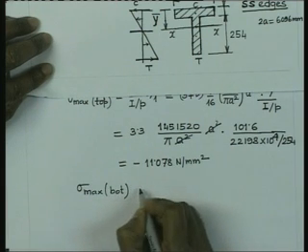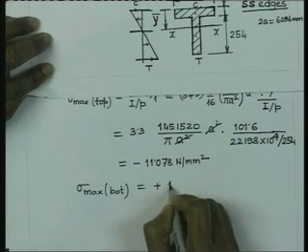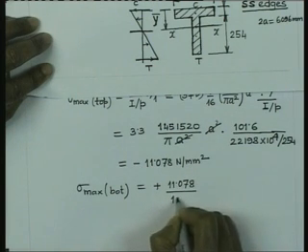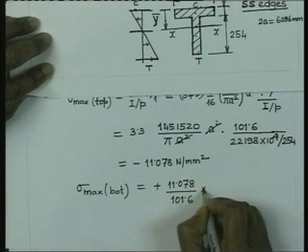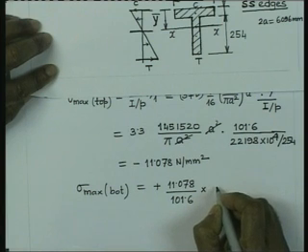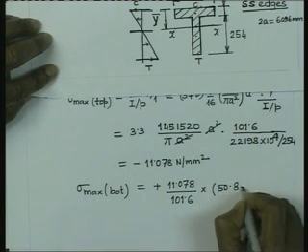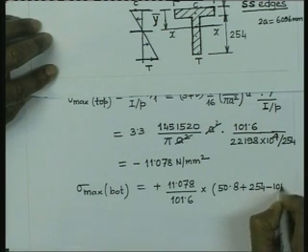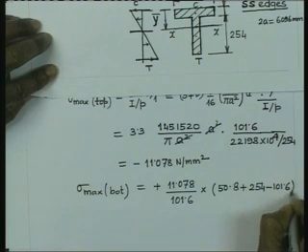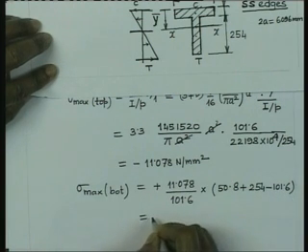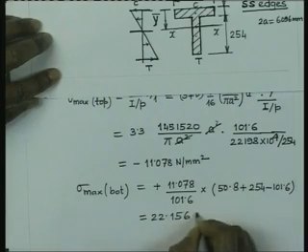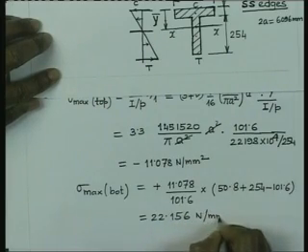This is nothing but 11.078 divided by 101.6 multiplied by 50.8 plus 254 minus 101.6, and this gives you a value equal to 22.156 Newton per millimeter square.